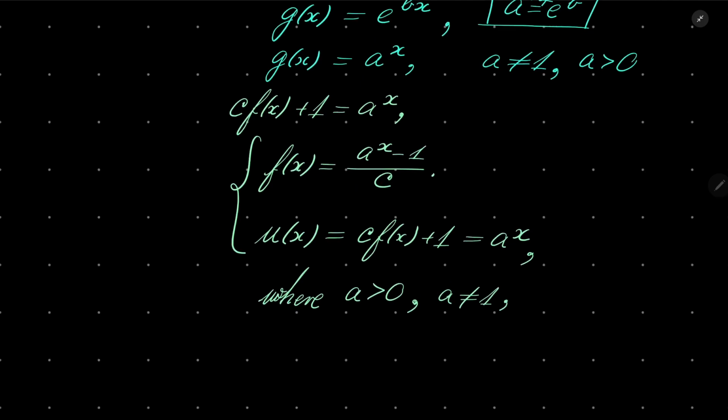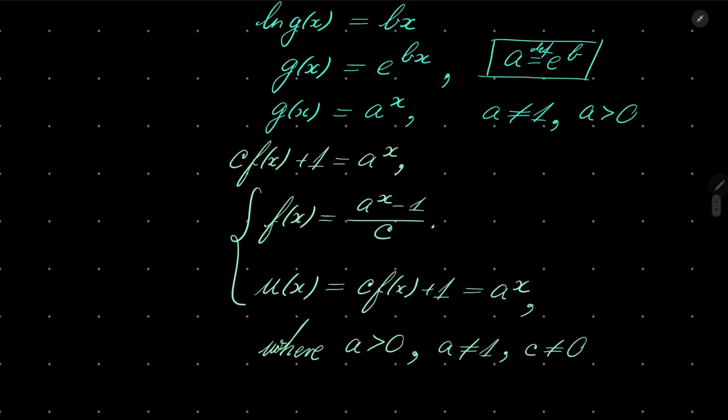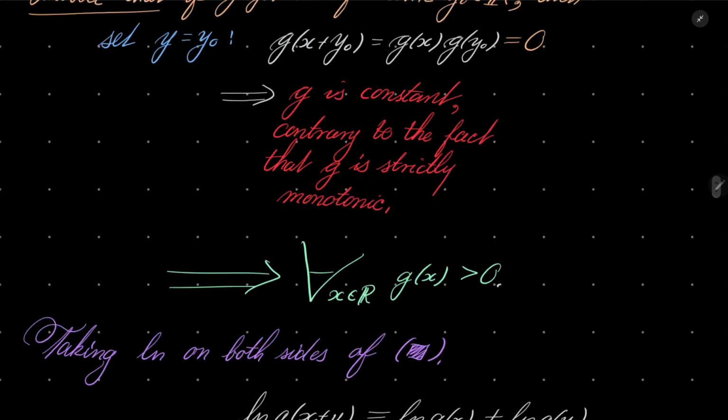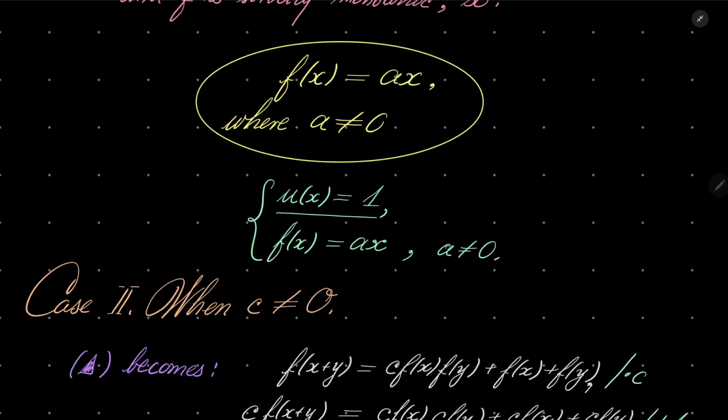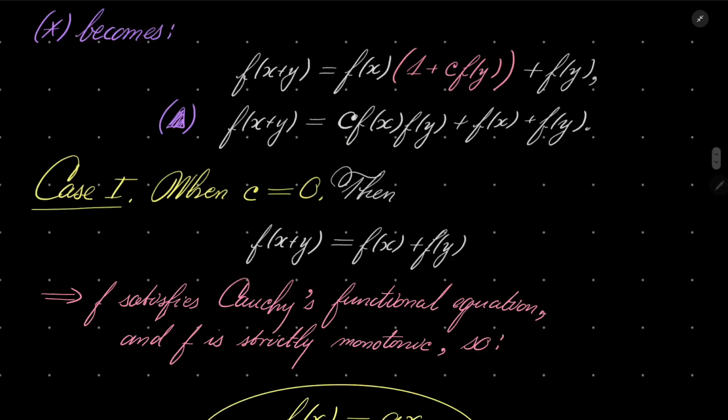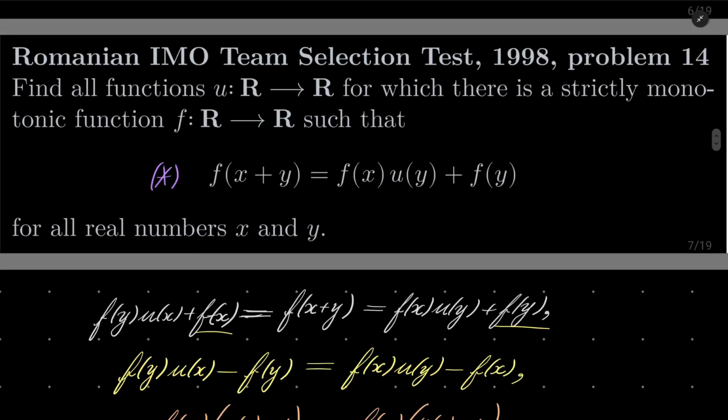And moreover, c is non-zero. So here we have exponential functions, but also, if we go back, there was a special case where u was equal to 1. And in our problem statement, we wish to find all functions u for which function f exists. So every exponential function u is good, and also the function which is constantly 1 is also good.